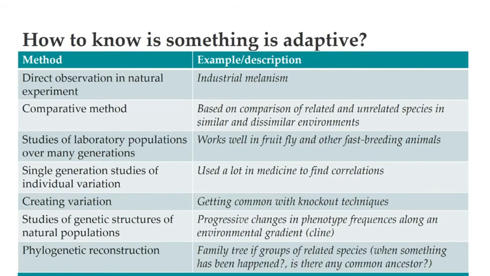And then last but not least, we can also make phylogenetic reconstructions. So we can compare, for example, these differences in the protein sequence. We can make a family tree of the groups of related species to see when something has been happening.